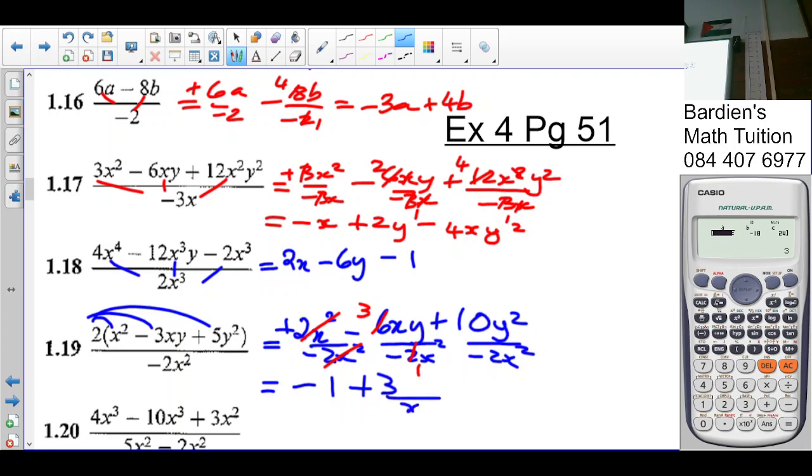At the bottom. So 3 minus 1 is 2. Where are the more y's? On top. It's only y's on top. Positive divided by negative, negative. 2 goes into 2 once, into 10 five. It's 5y squared over. Thank you. Any confusion here? No?